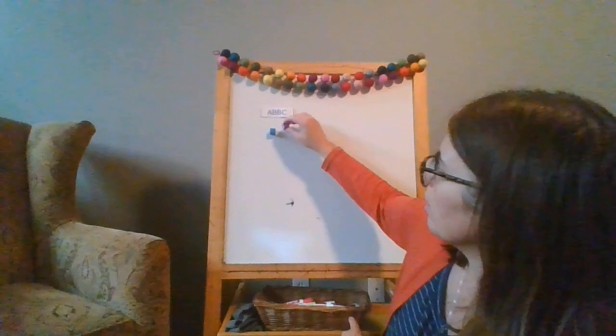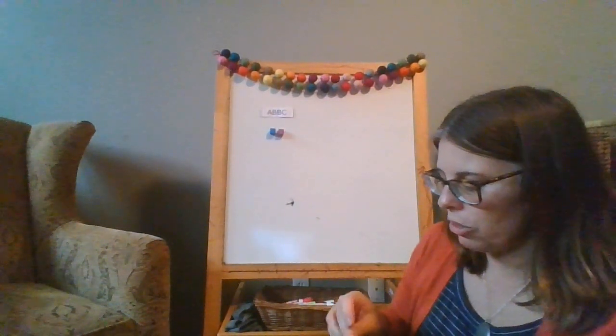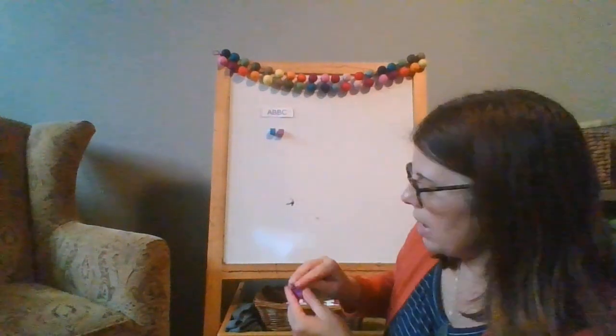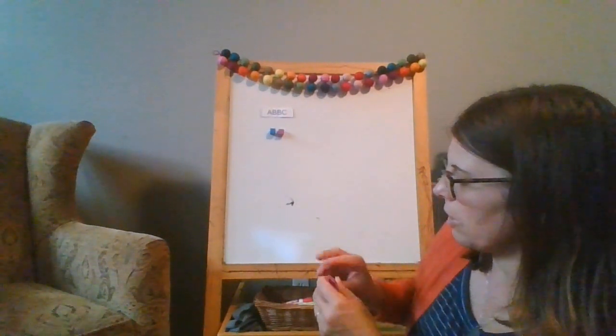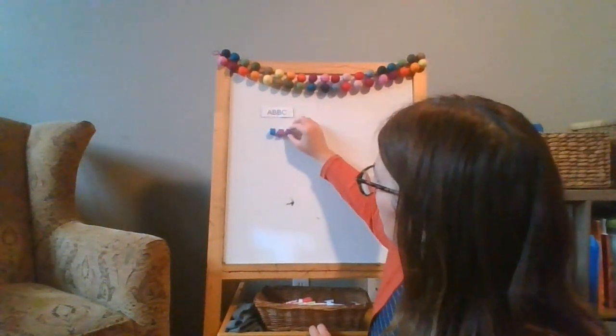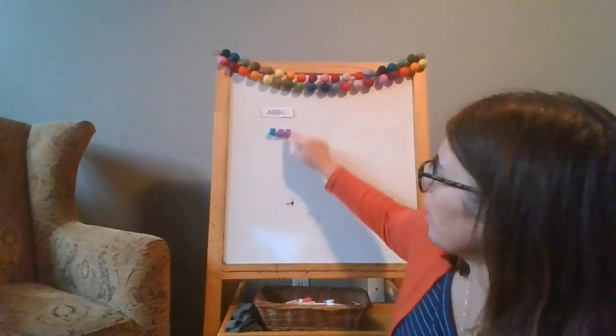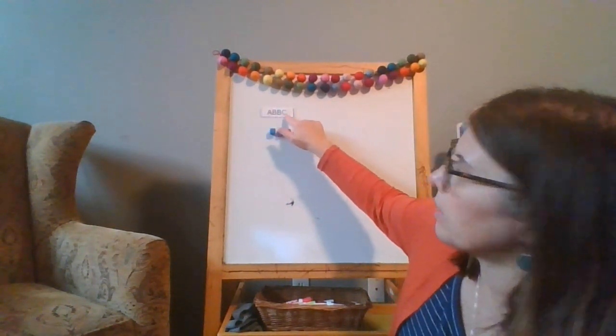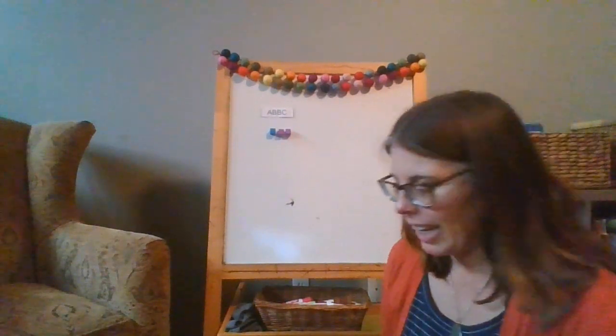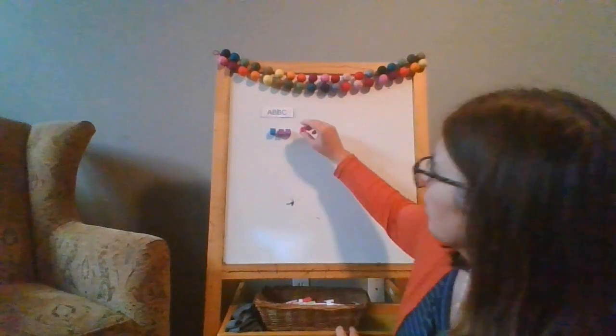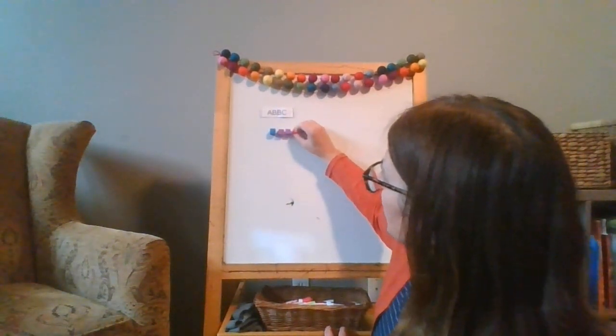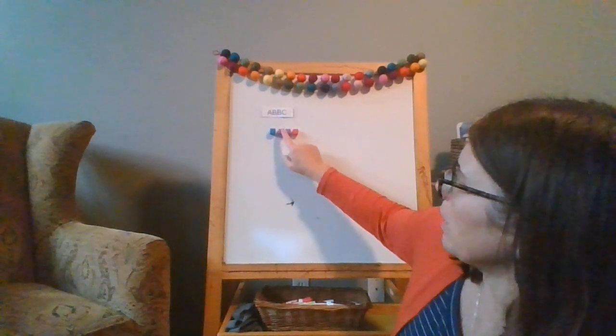A, B, B. So I need 2 purples, right? 2 purples. And then I'll pick a color to use for C. So far I have A, B, B. What's the next one? C. So let's use red for C. There, so this is the start of an A, B, B, C pattern.